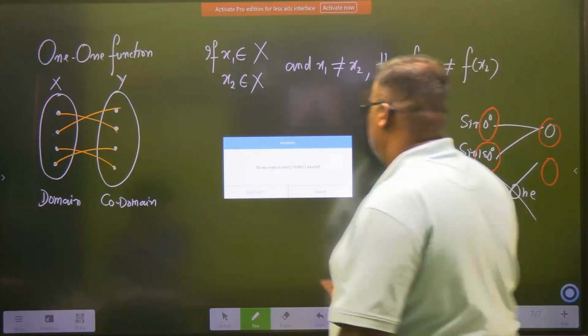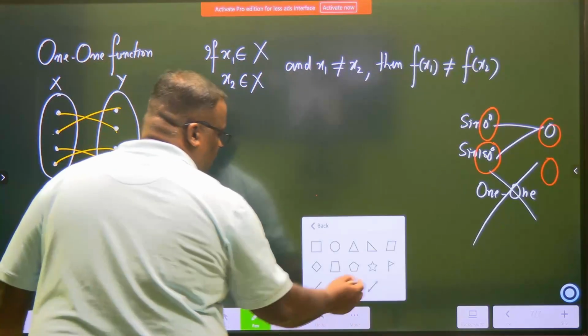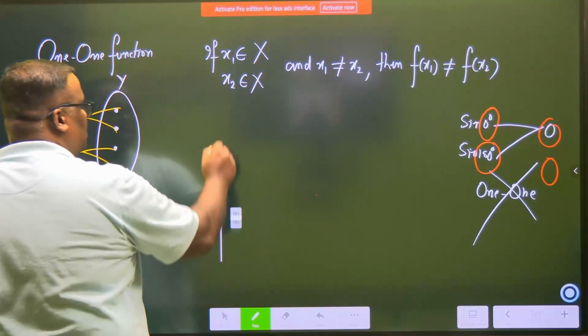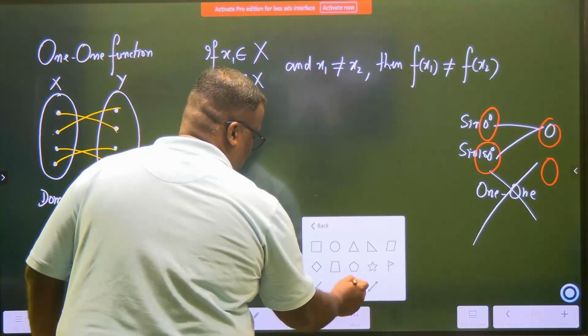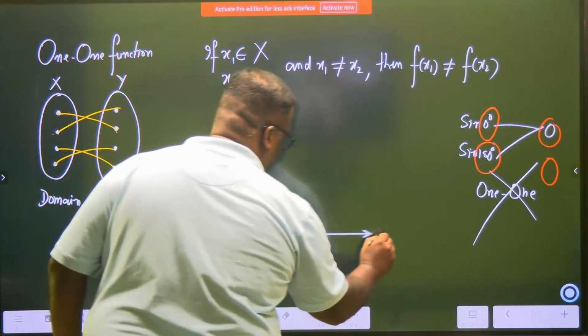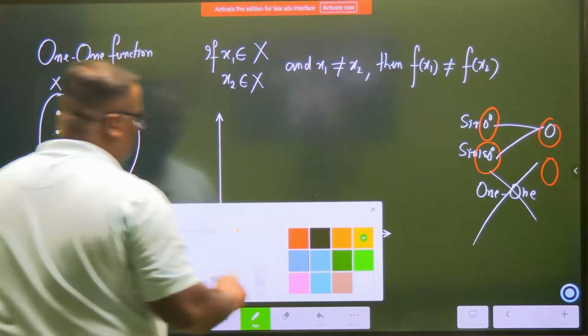Let's see some in terms of graph. How can we understand whether the function is 1-1 or not? Take your time to absorb these things. It's a little bit complicated at your level, but we can't help it.